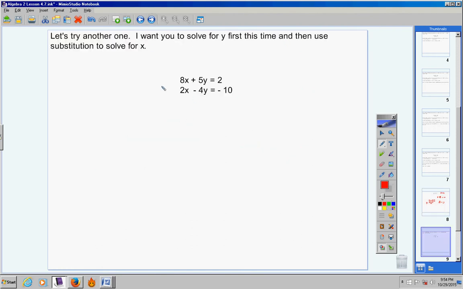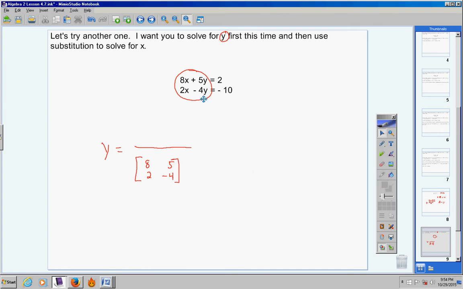But here, we're only going to use Cramer's rule once, and we're going to use it on y. So are you ready? Here we go. Y equals, if you want to work ahead, that's fine. Y equals, my coefficient matrix right there is 8, 2, 5, -4. Okay?